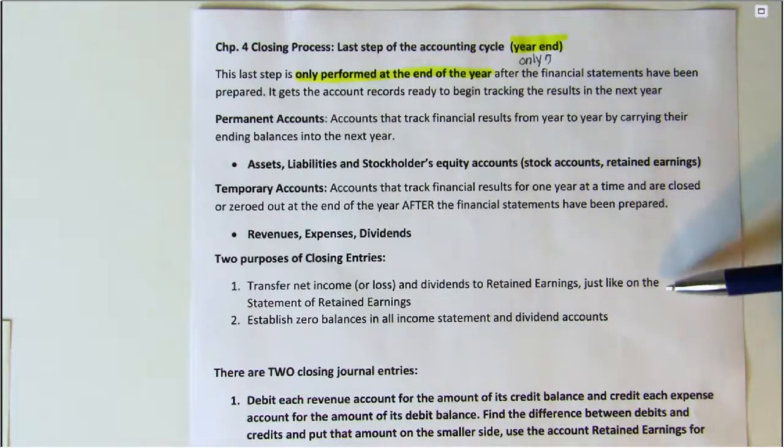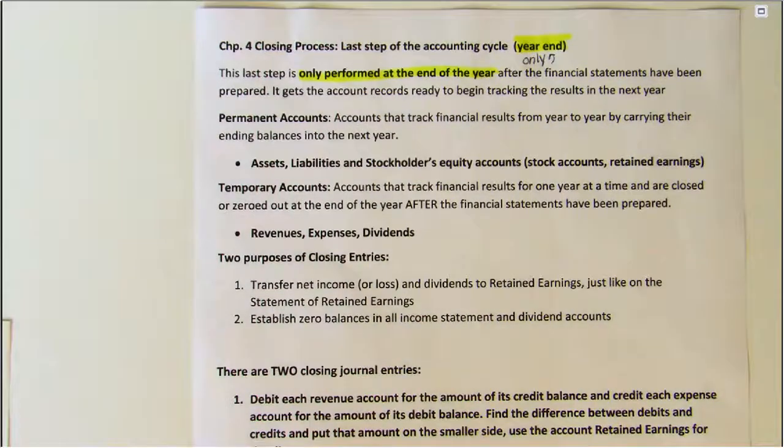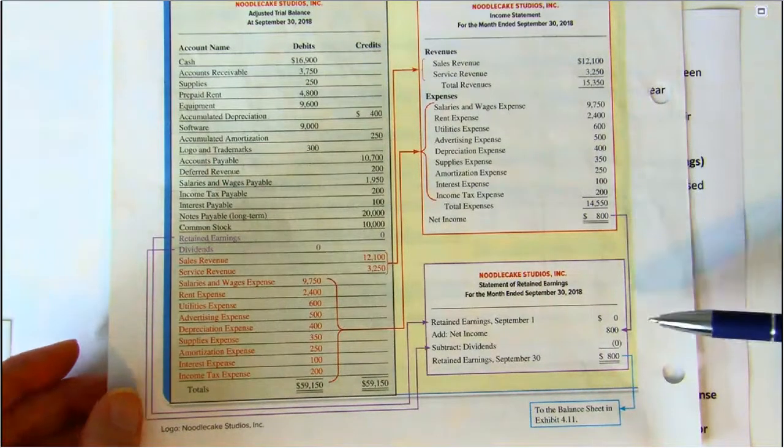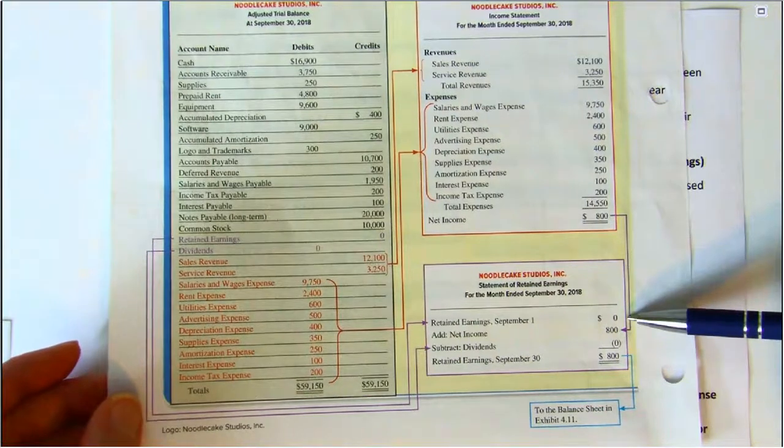The first is to transfer the net income or loss and the dividends into retained earnings, just like on the statement of retained earnings. Let's take a look at that to remind ourselves. On the statement of retained earnings, we start with our beginning retained earnings.